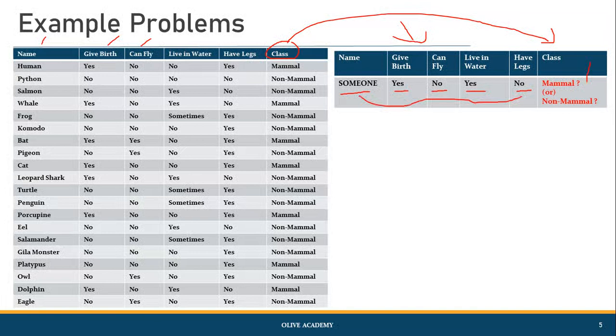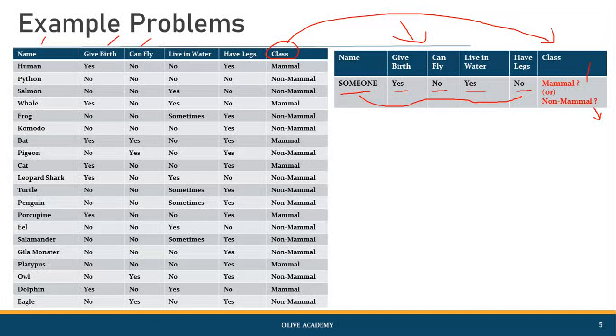How do we apply Bayesian classification to identify whether the given record is a mammal or a non-mammal? In a lot of YouTube videos, you would have seen these problems solved with a lot of calculations. But in this video, I'm going to help you identify the class label within 5 steps.